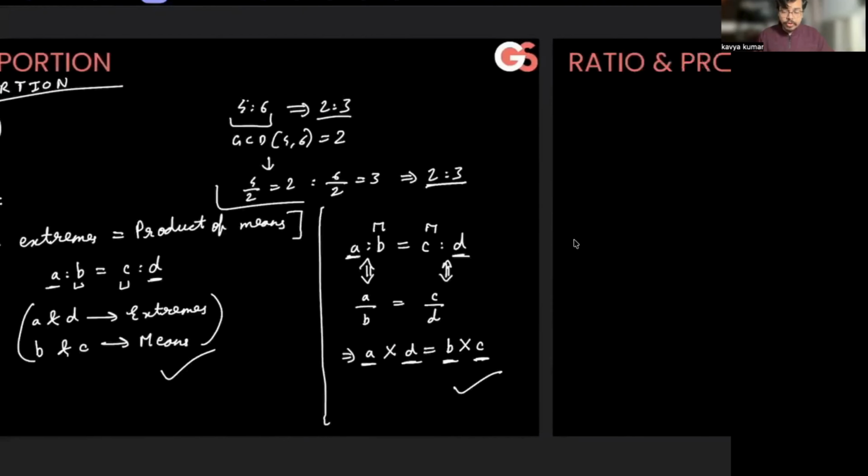Now let's move forward and understand what direct and indirect proportion are. Whenever we talk about this, you should be very clear with the concept of proportion, which I already explained before this slide.